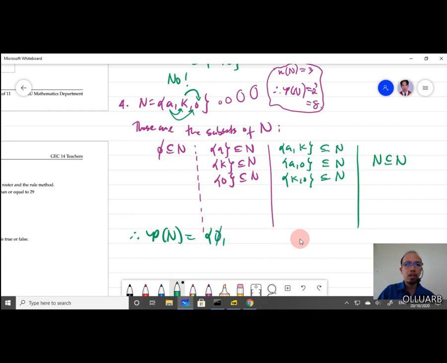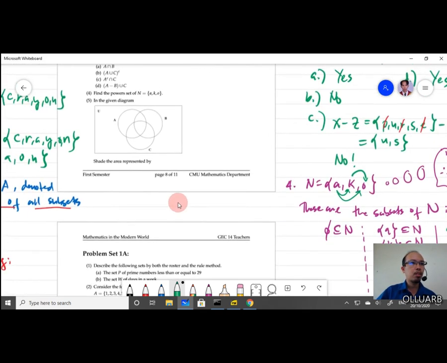So we have the empty set, the sets with one element, A, K, and O, and then AK, AO, comma, don't forget to put a comma, and then KO, and then finally the set N. So there are 8 elements of the power set.